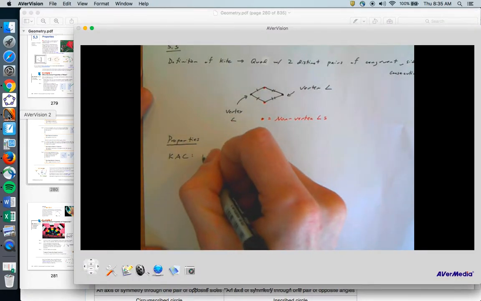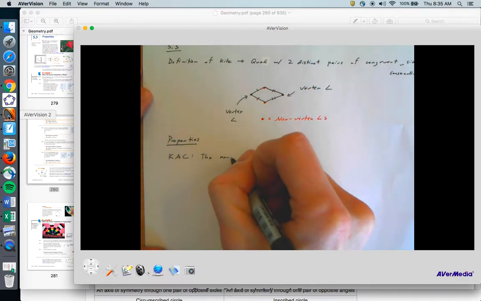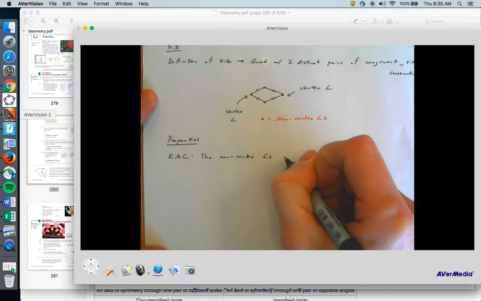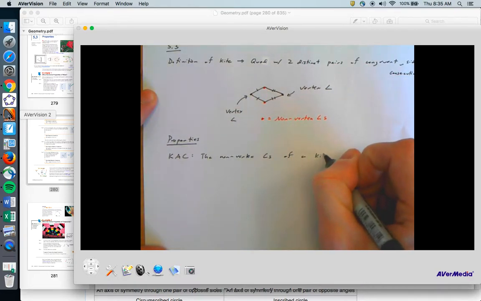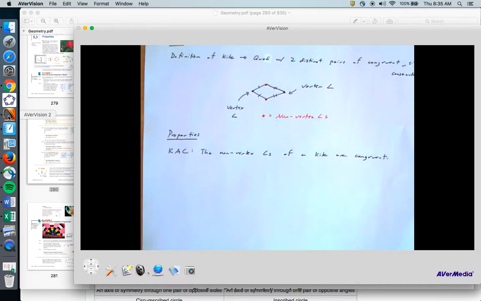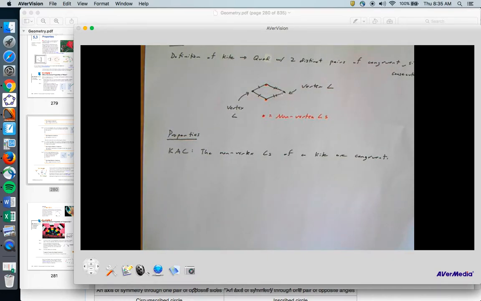So this says the non-vertex angles of a kite are congruent. Again, the way that we can get that is by constructing this diagonal and using the side-side-side congruence conjecture to get to congruent triangles.